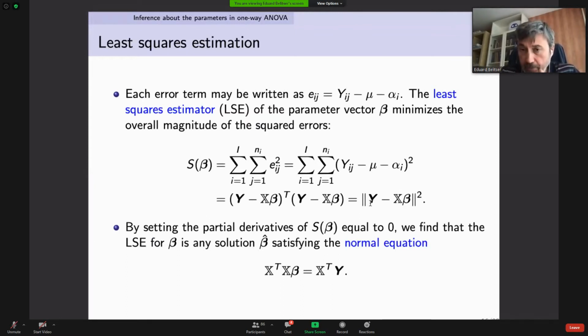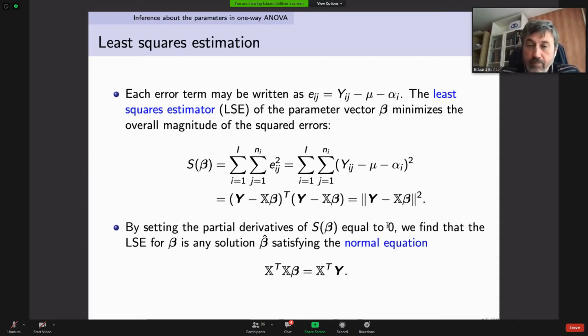We compute a squared distance between these two vectors. This is what we are doing, and we'd like to minimize that distance with respect to beta. Beta is the parameter, so it becomes a function of beta, and it's a very nice function. It's a quadratic function. It's perfectly differentiable, and it's perfectly minimizable.